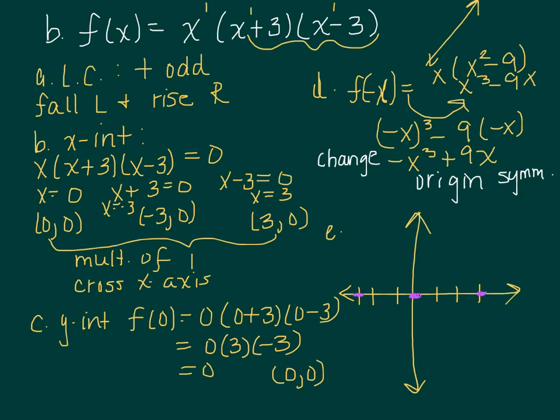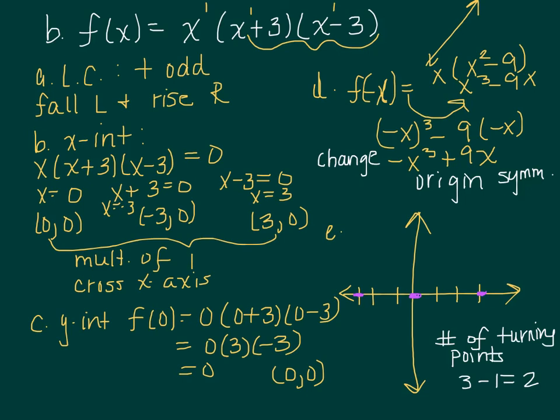And our symmetry is, it's going to be diagonal. And we're going to fall left, remember. Now to find the number of turning points, you're going to take your degree, which is 3, and subtract 1. So we can have at most 2 turning points.